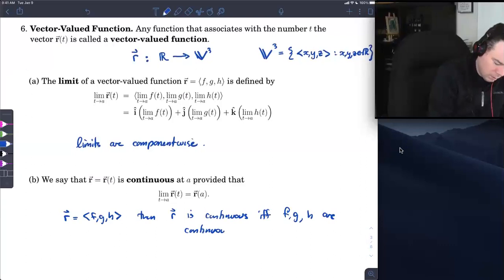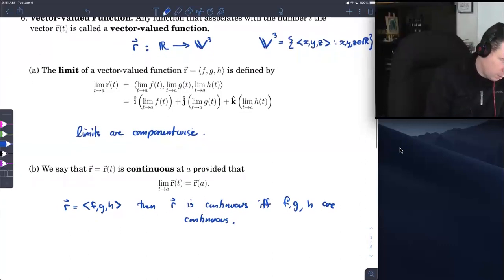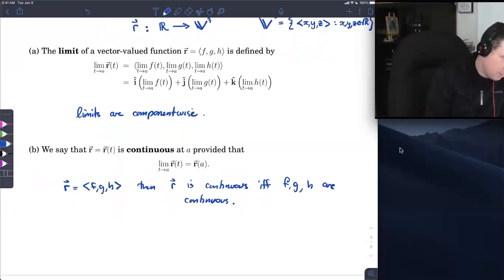So that just reduces this question of continuity of a curve to continuity of the three functions that make it up, and those are functions from calculus 1. They're functions of a single variable with a real value coming out. So that's back in the realm of what we're used to dealing with.